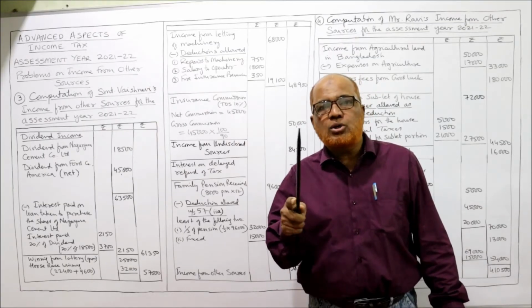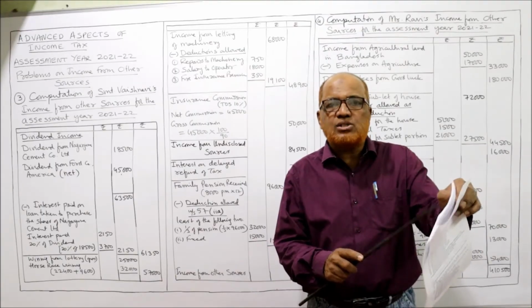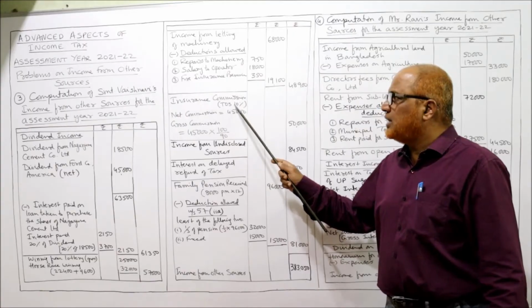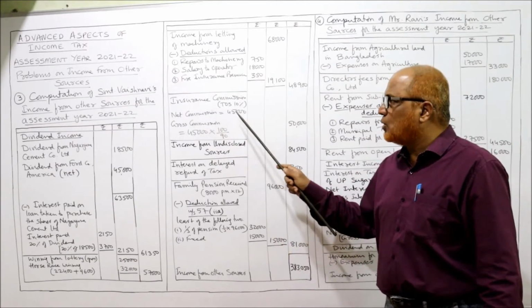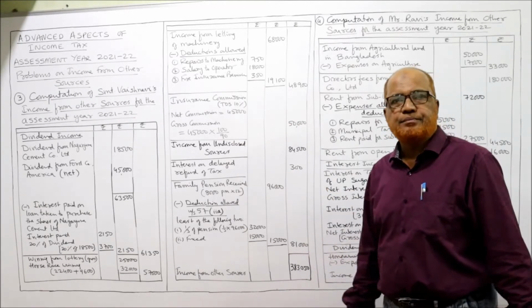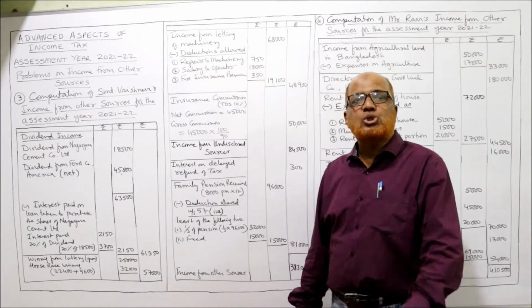The net amount into 100 by 90, because 10% TDS, so we multiply 100 by 90. Gross commission is equal to 45,000 into 100 by 90. It comes to 50,000.